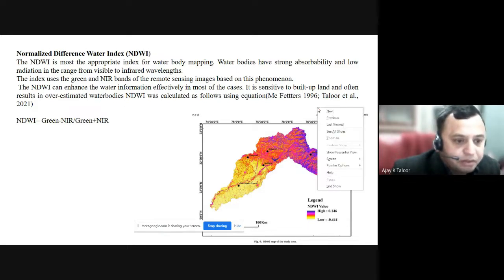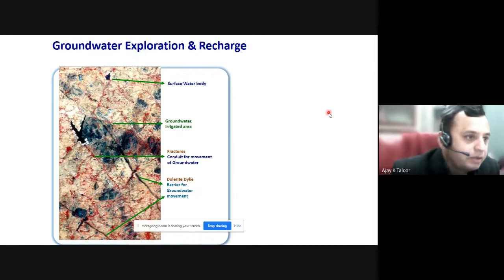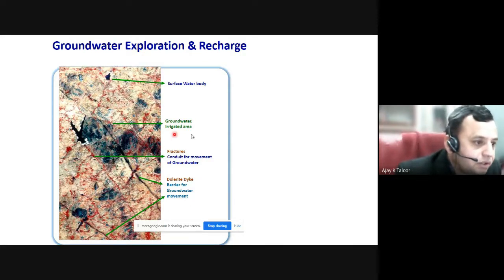You can see our paper. This is part of our published publications. If you look at groundwater exploration, this shows how remote sensing is useful for groundwater exploration. This is the FCC data for our groundwater exploration and recharge. This particular image is from southern India, in the part of Hyderabad city. We see here the low reflection, that is absorption.